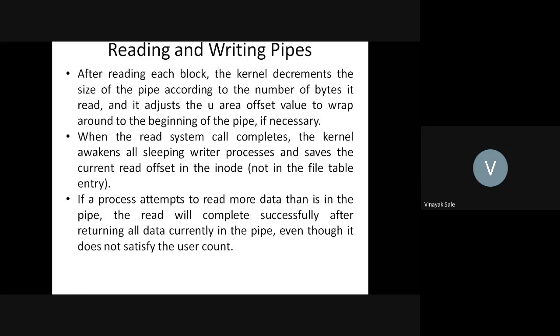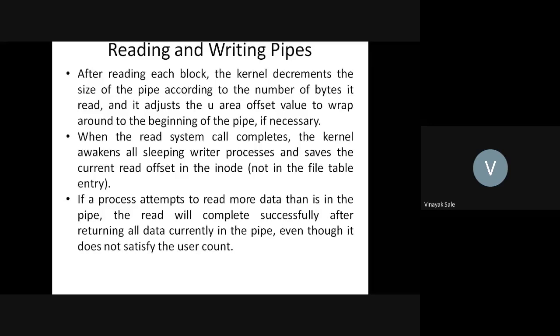So after reading each block, the kernel decrements the size of the pipe according to the number of bytes it read. In case of write, the kernel increments the size of the pipe according to the number of bytes it writes.